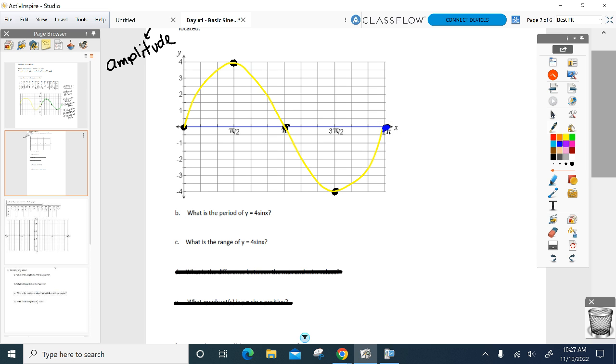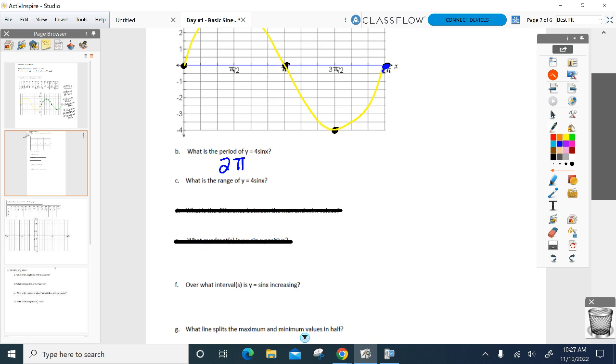It would start repeating again. So all our answers for period, from now until at least sometime next week, is 2 pi on the x-axis before it starts repeating. That'll change next week, but for right now, it's 2 pi.